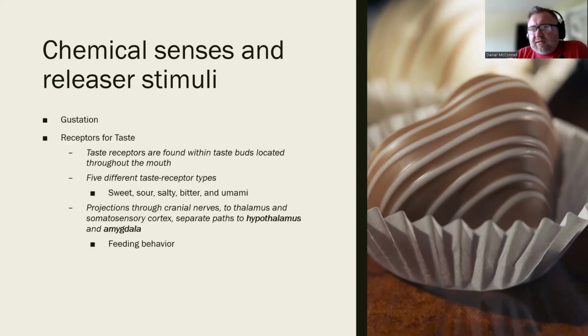And when we're eating, we can detect the texture of the food and whether it's crunchy and soft and so forth. And so there's some of that kind of tactile feedback that goes to the somatosensory cortex. Other pathways, again, like with smell, go to the hypothalamus and go to the amygdala, and could be, again, primary drivers of certain kind of instinctual behaviors, in this case, eating behaviors.